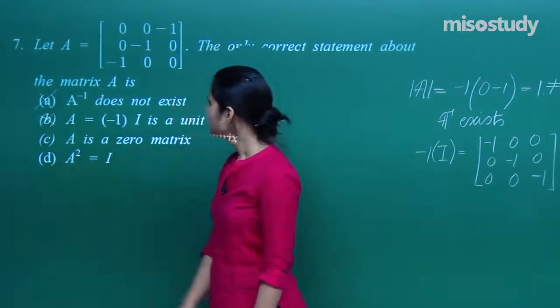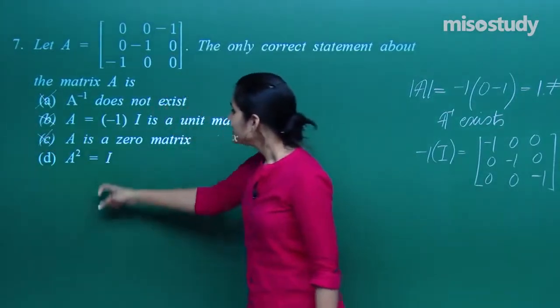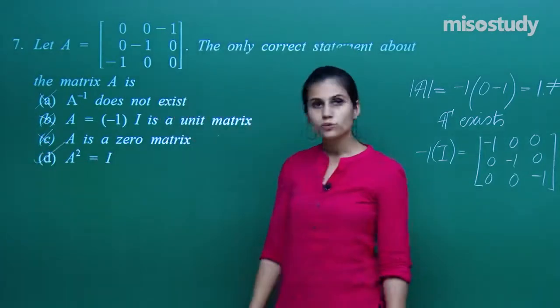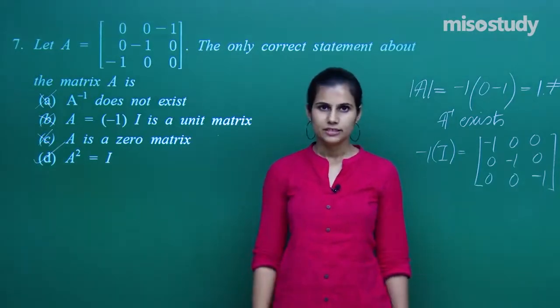So this is wrong. Obviously A is not a null matrix, and A square is equal to I. This is correct. In fact, when you square the matrix A, you are going to get the identity matrix.